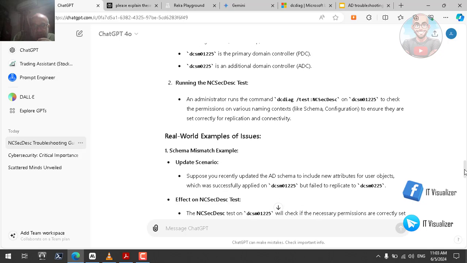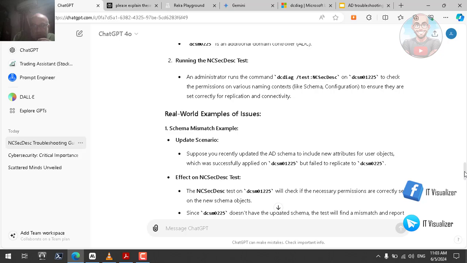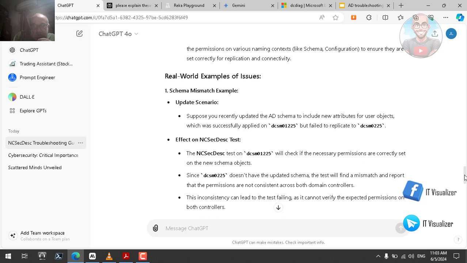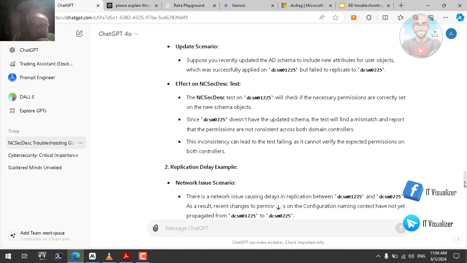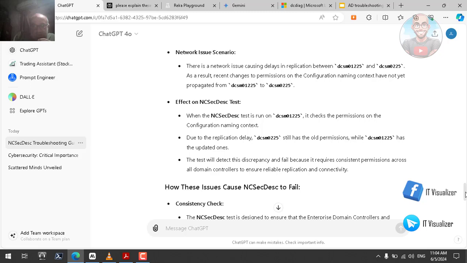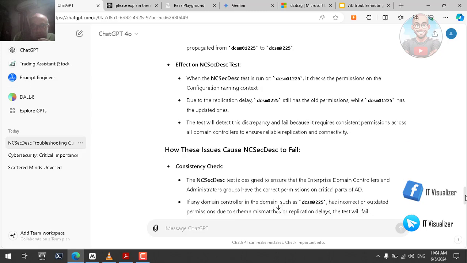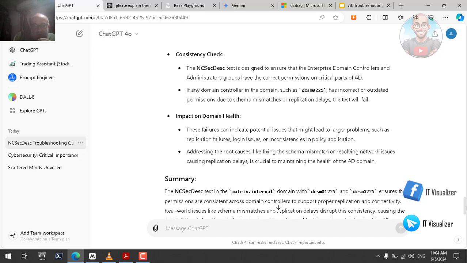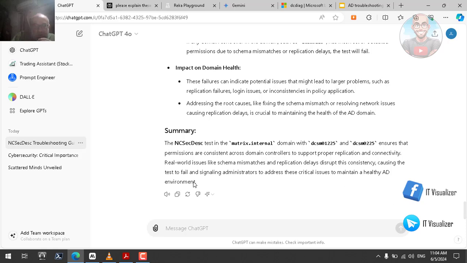Real world example, if there is a mismatch, the test fails, okay. Let's see the answer, even though I think it's not that good, but let's read it loudly.